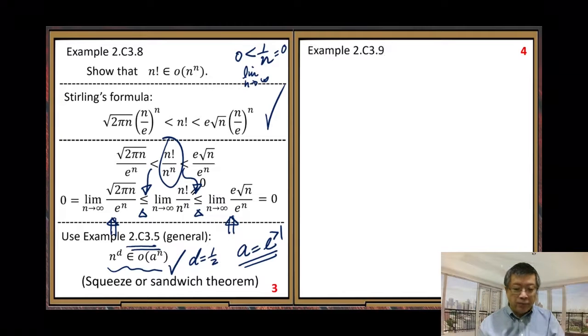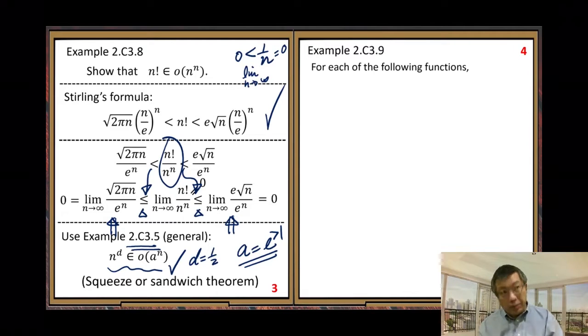All right. Now, the last question, number 9. This one is a multiple choice question with 5 small questions, so let's look at them one by one.